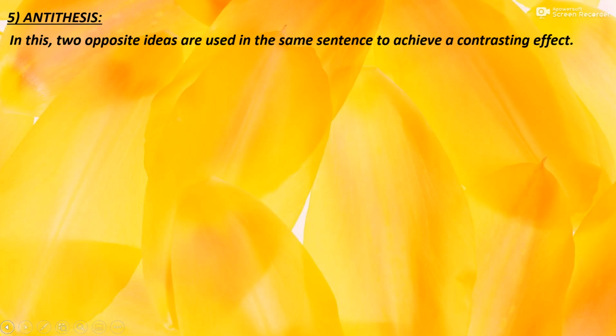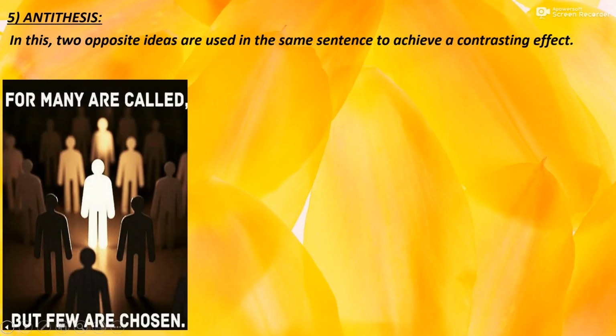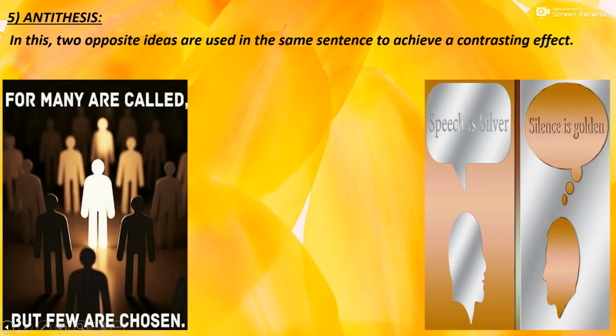So let us have a look at a few examples. The first is, for many are called, but few are chosen. And the second example is, speech is silver, silence is golden.